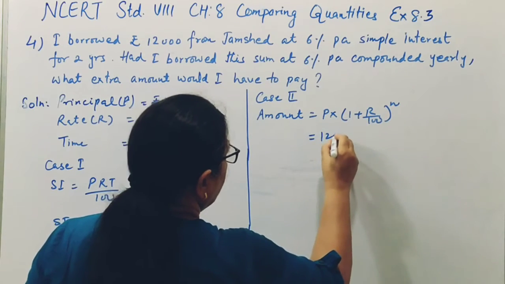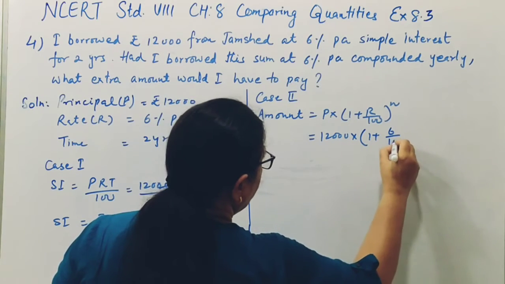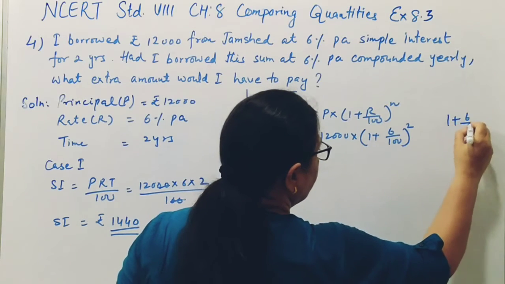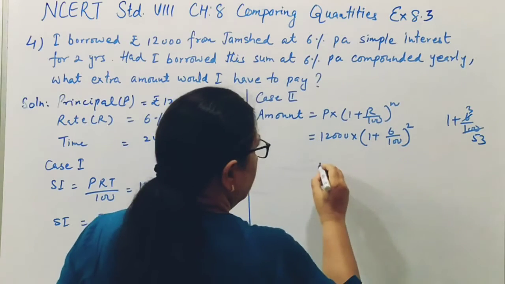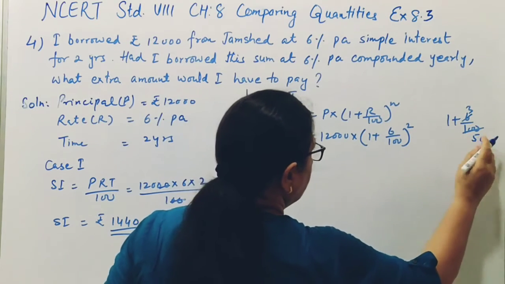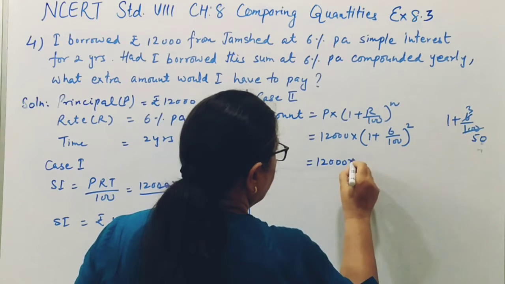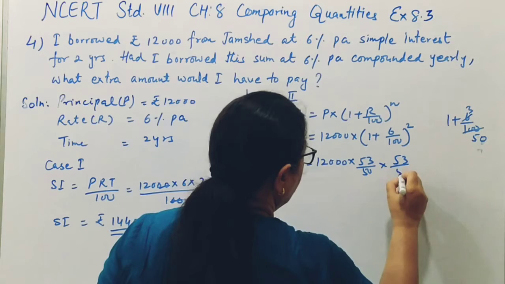So it is 12,000 into 1 plus 6 upon 100 raised to power 2. 1 plus 6 upon 100 after simplification becomes 53 upon 50. So we get 12,000 into 53 upon 50 into 53 upon 50.